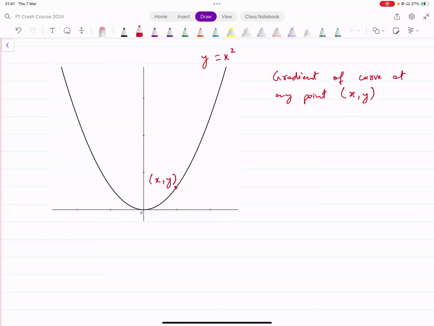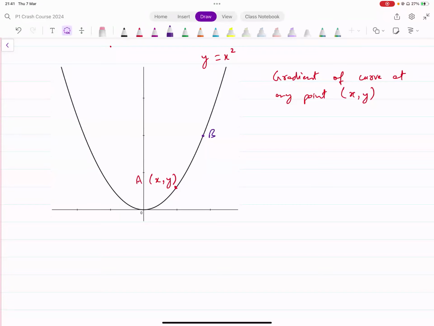Now, this is a general point on the line that we have taken. Let's apply that same process on this point. What we do is we take another point on this curve that is away from this original point. Let's take this point here, for instance. Let's call this point B. Let's call this original point A if we want, right? That's x, y.